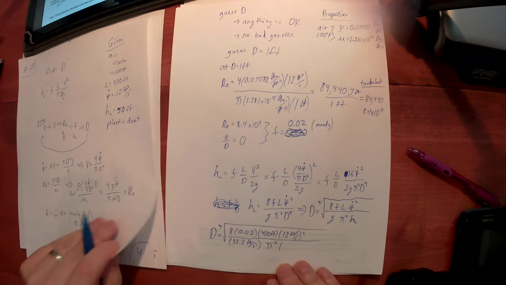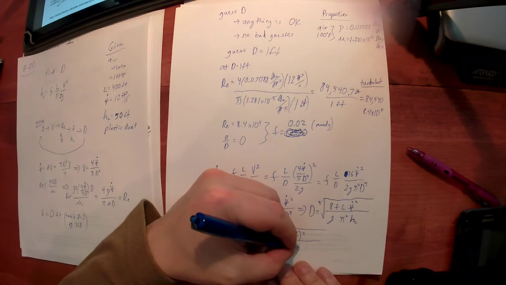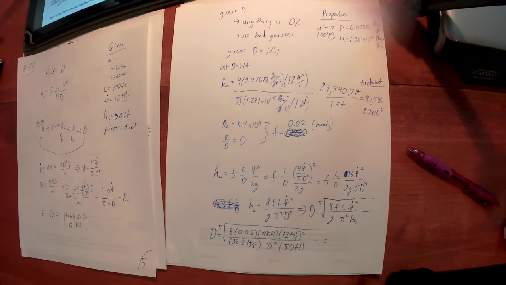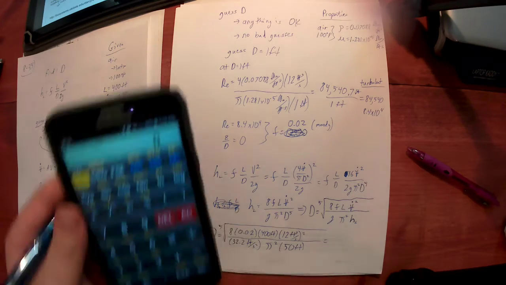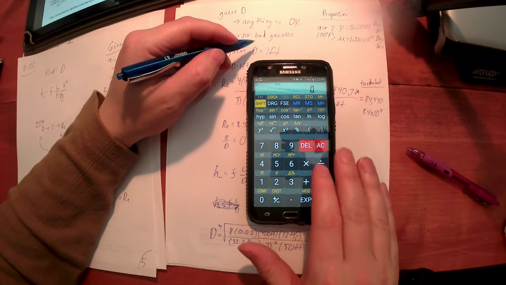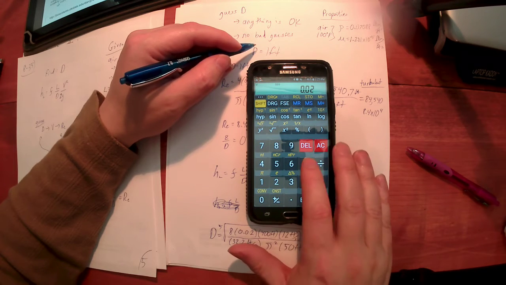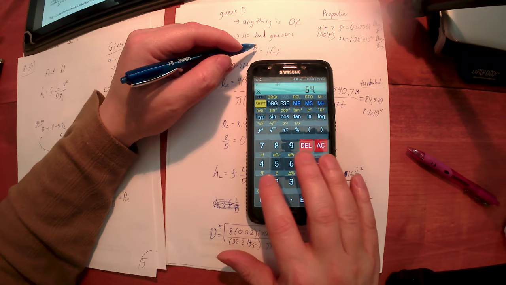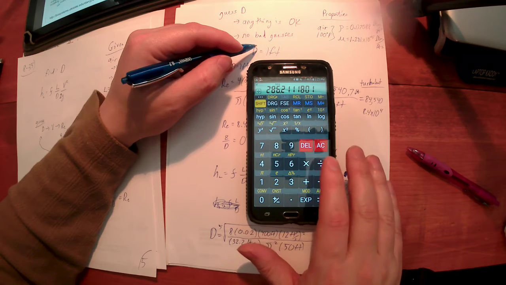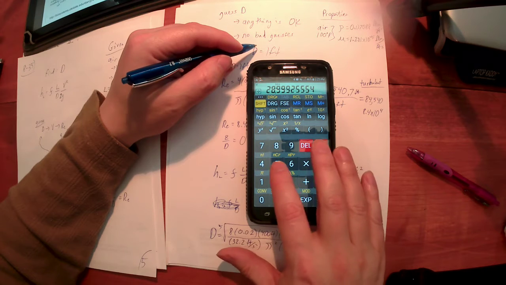And we said the head loss, given to us back over here, cannot exceed 50 feet. So, let's do 8 times 0.02 times 400 times 12 squared divided by 32.2 divided by pi squared and divided by 50.